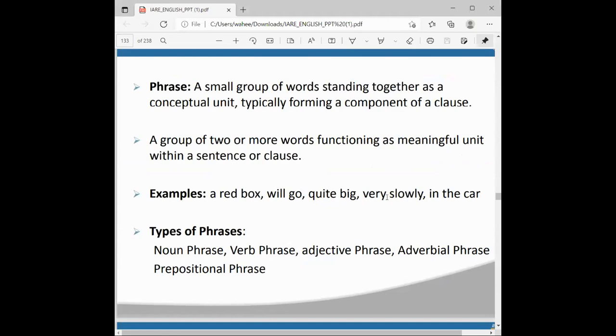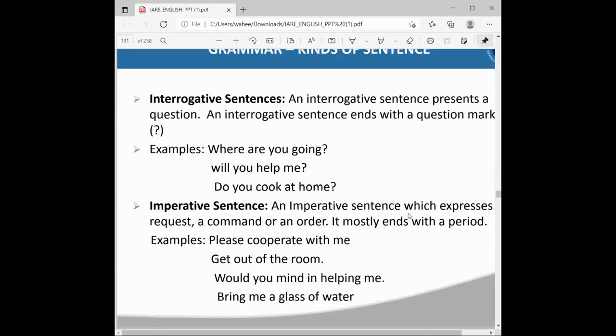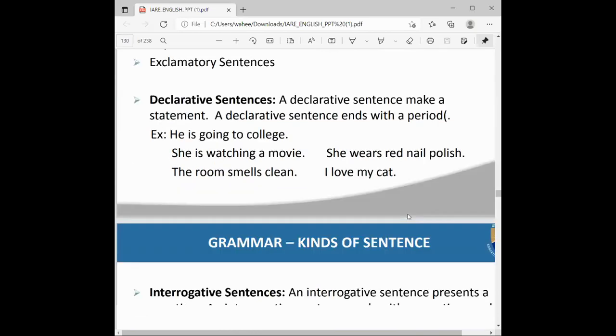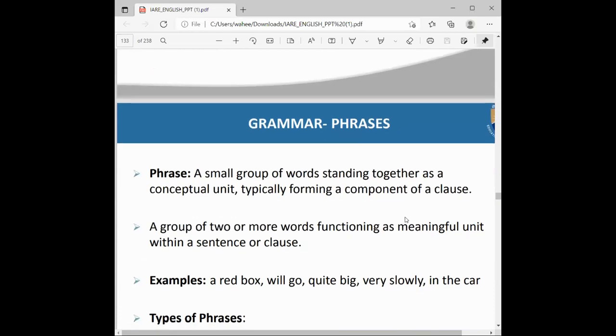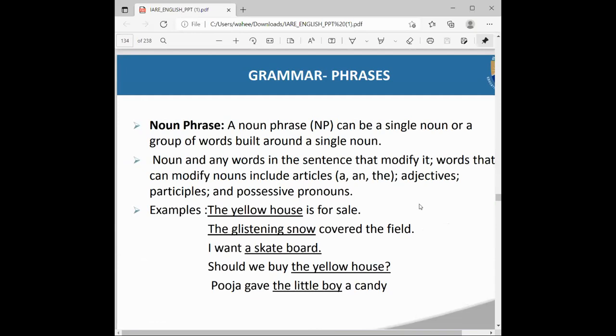A small group of words standing together as a conceptual unit. You can call a phrase also like this, typically forming a component of a clause. We talked about the noun phrase, adverbial phrase, verb phrase, and all.